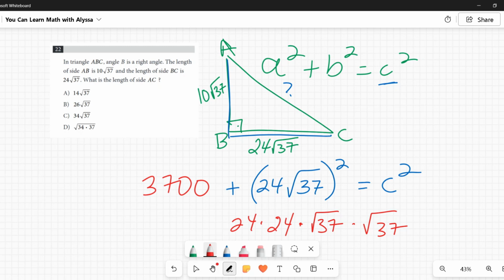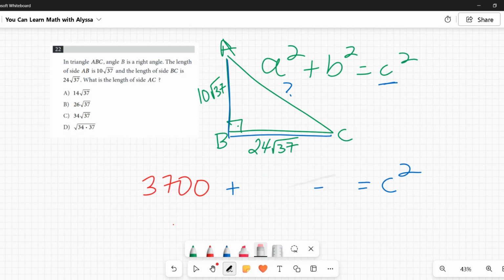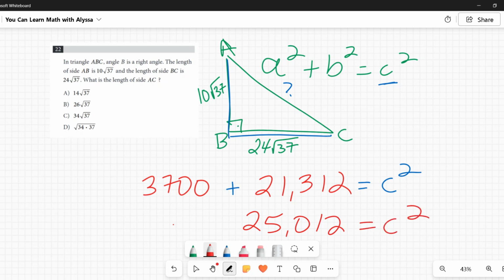So 24 times 24 is 576. And square root of 37 times square root of 37 is just 37. And then 576 times 37 is 21,312. And so if I add 3,700 to that, I get 25,012 is equal to c squared.